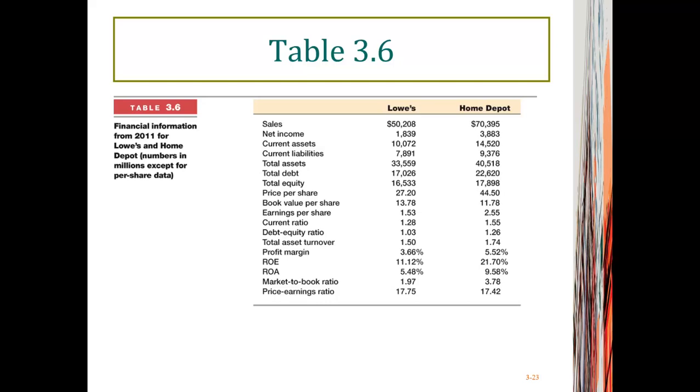For ROA, the difference is significant too: 5.48% for Lowe's and nearly 10% for Home Depot. That explains a little bit why the market gives a higher valuation to Home Depot than Lowe's, reflected in the market to book ratio, although price earnings ratios are similar to each other. So this table showed you one example of how to utilize ratios to facilitate comparison, especially peer comparison.